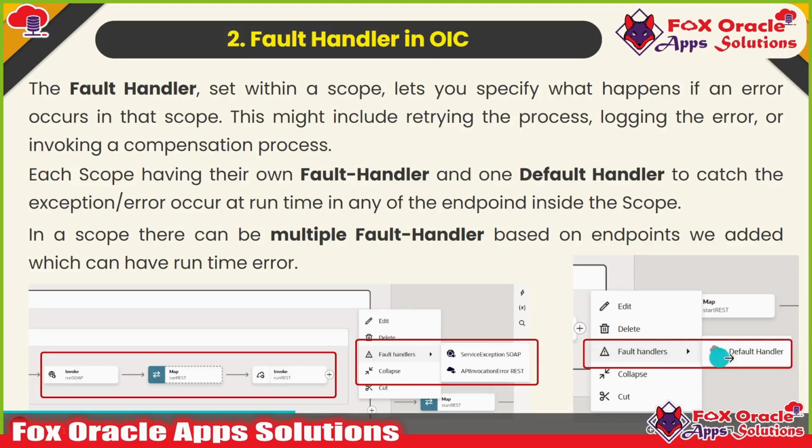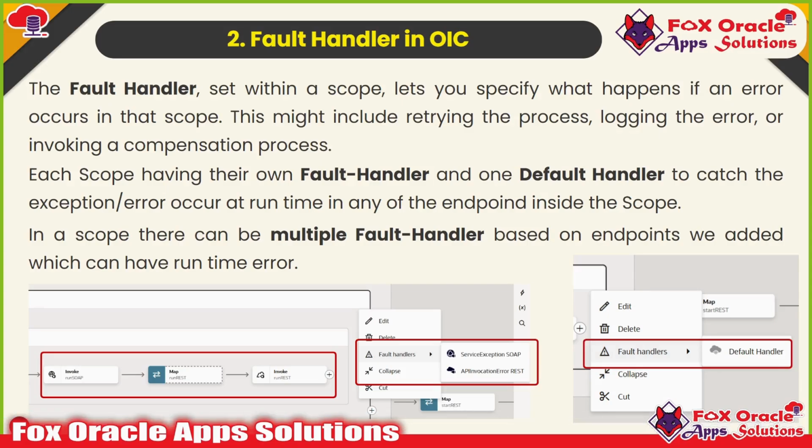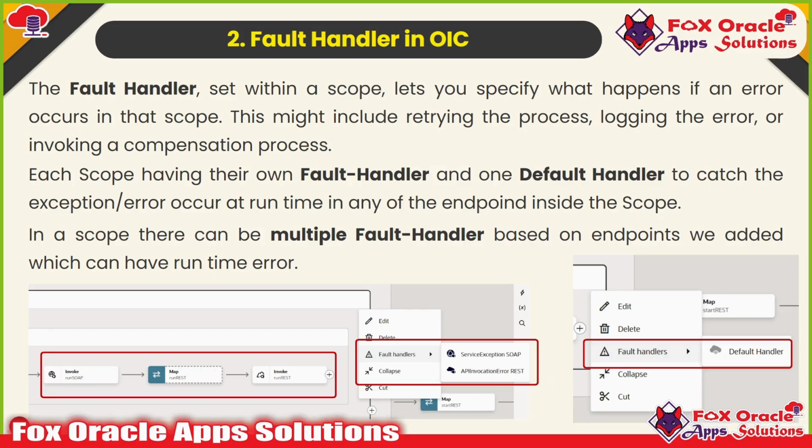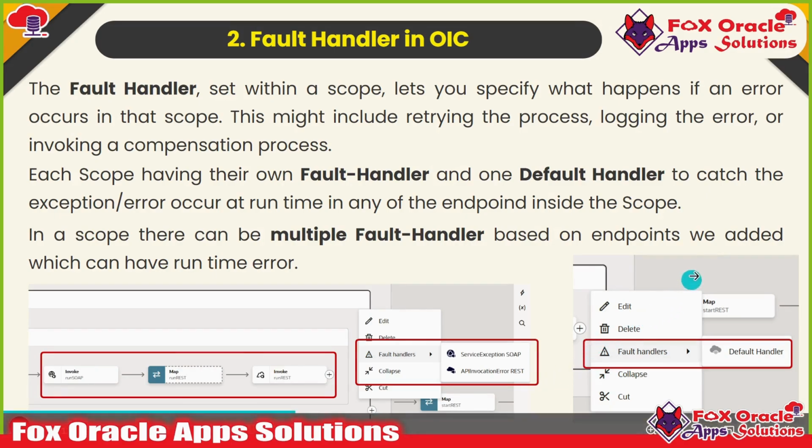But if you configure the default handler in your integration, whatever error you get in any of the endpoints or any of the elements in your scope will be handled in the default handler. So that's where we can write our logic to move our process further if we have an error in our integration.